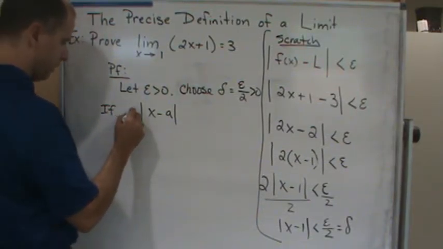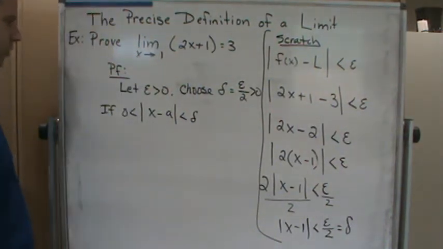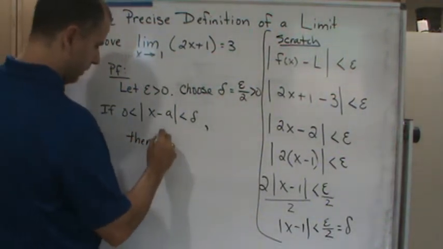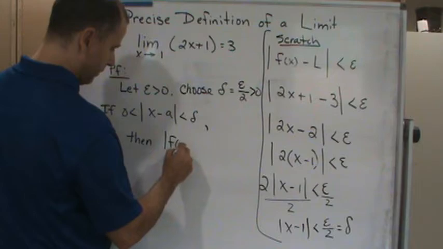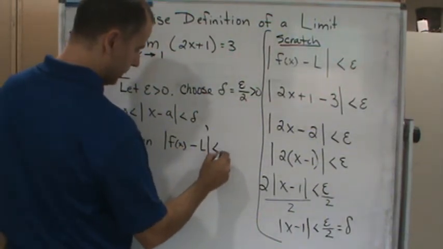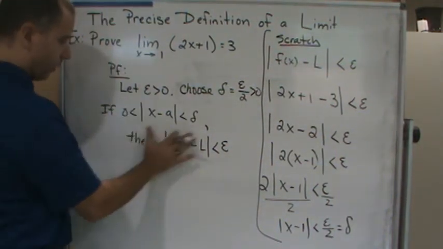So if this is true, then the absolute value of f of x minus L is less than epsilon. So, this is where we're at.